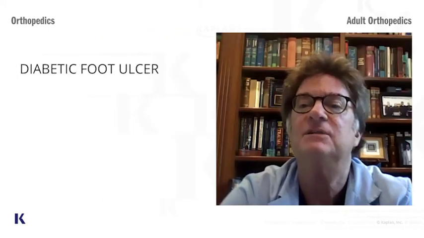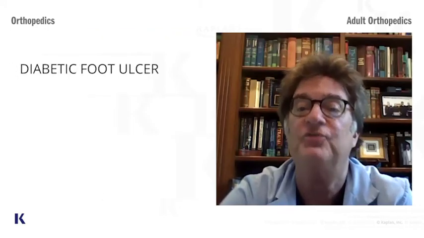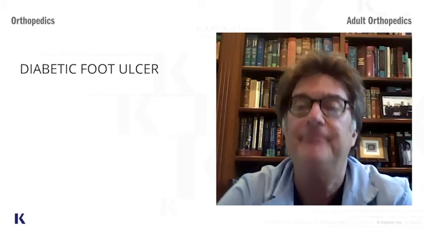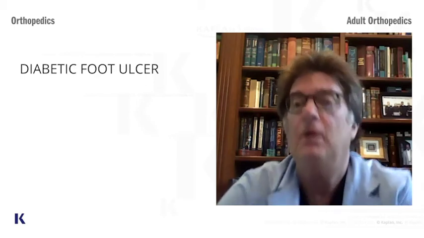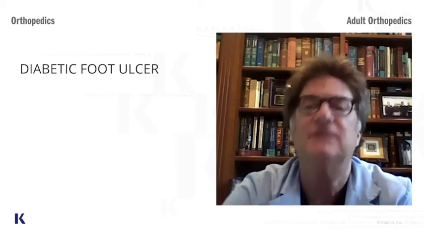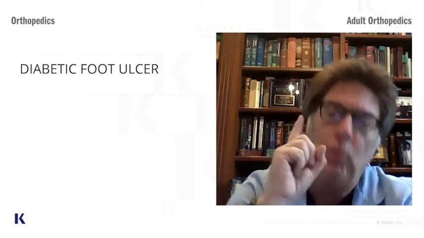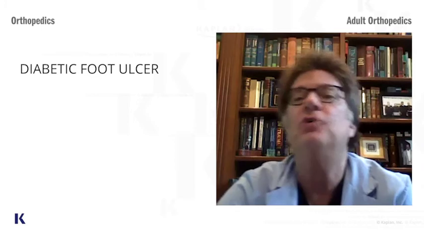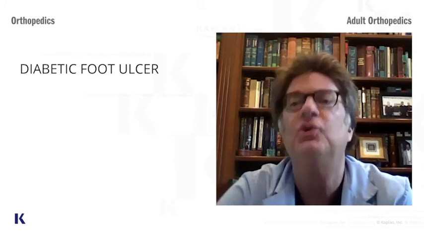The next type of ulcer that we're going to talk about is a real common ulcer, and that is a diabetic foot ulcer. Why do diabetics get foot ulcers? One reason: neuropathy.